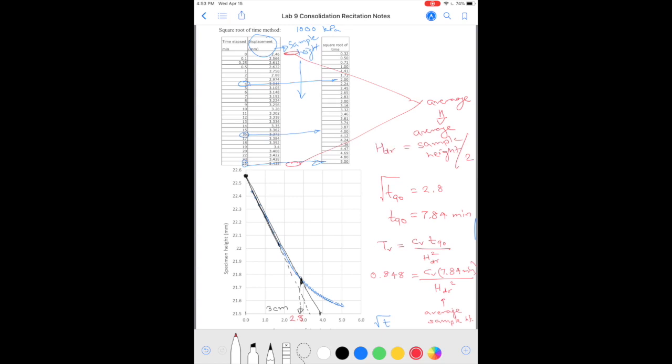Okay, so average sample height divided by 2. Okay, and that's how you find CV. And I'm asking that you report it in meter square per year. So you have to change all your dimensions of the units at the end and convert it into meter square per year, so you can compare it with typical values.